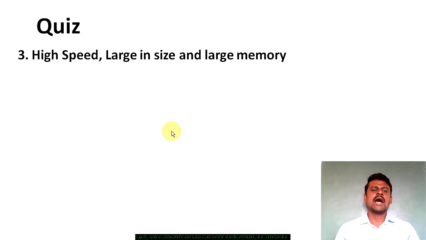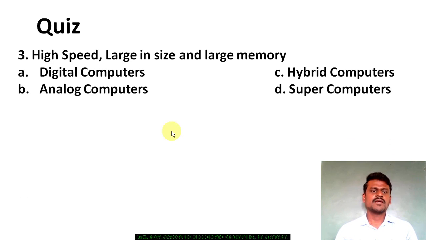Next question: high speed, large in size and large memory. Those will have very high speed. They can hold 200 to 300 TB of data, and capacity is very high, means it can store a lot of data. Option A, digital computers.